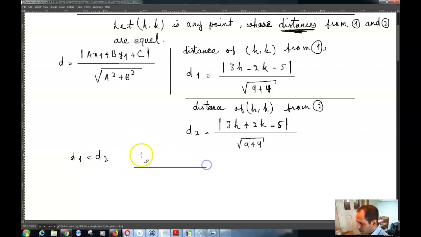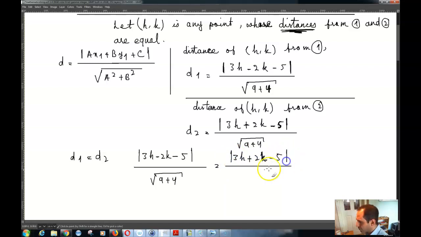So I can write the absolute value of 3h minus 2k minus 5 over the square root of 9 plus 4 is the same as the absolute value of 3h plus 2k minus 5 over the square root of 9 plus 4. And then you can simplify, cancel these two out.